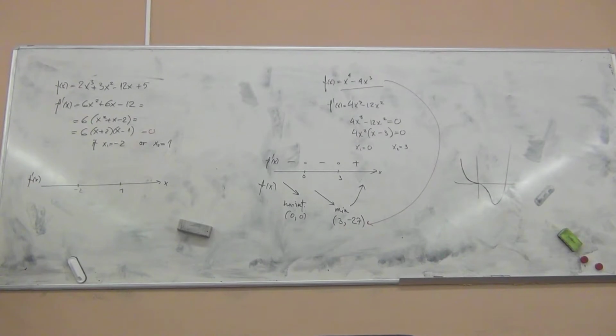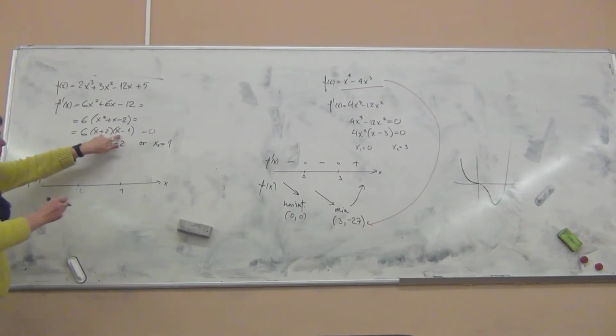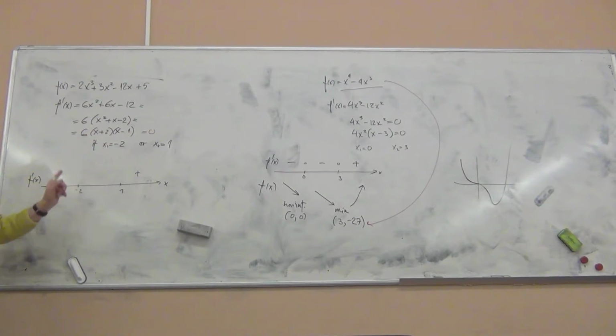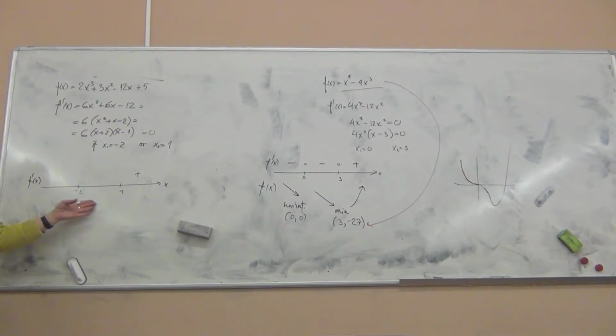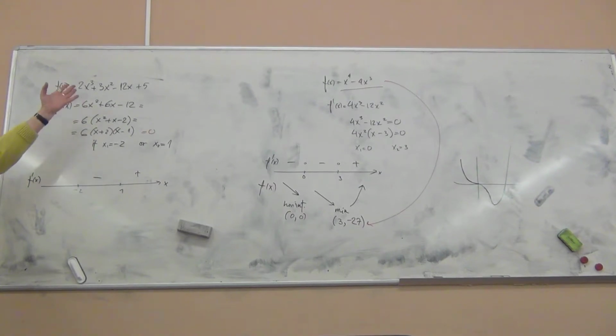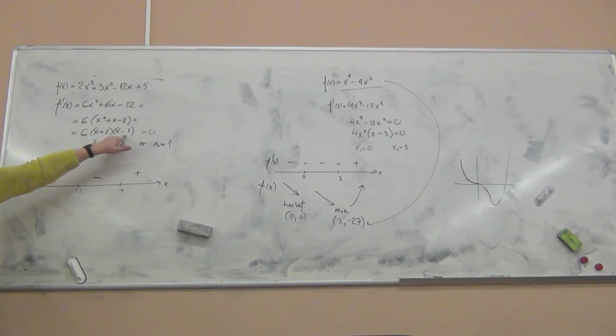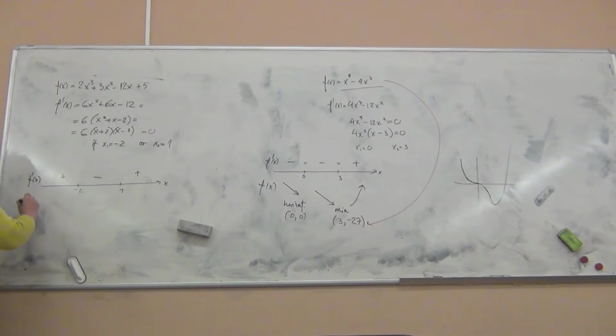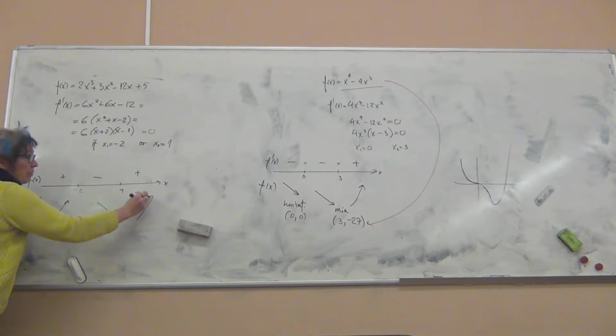So obviously for large positive values of x, both these factors will be positive. If x is less than 1, but greater than minus 2, for example 0, we can see that this is going to be negative. And if x is very, very negative, for example minus 100, both factors will be negative, the product will be positive. So now for this function we can see it increases, decreases, increases again.